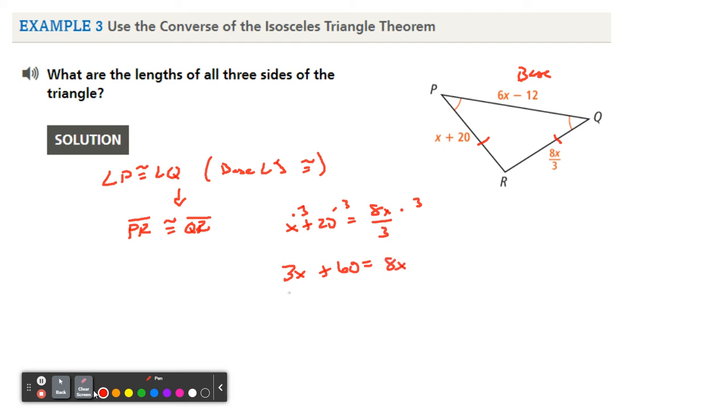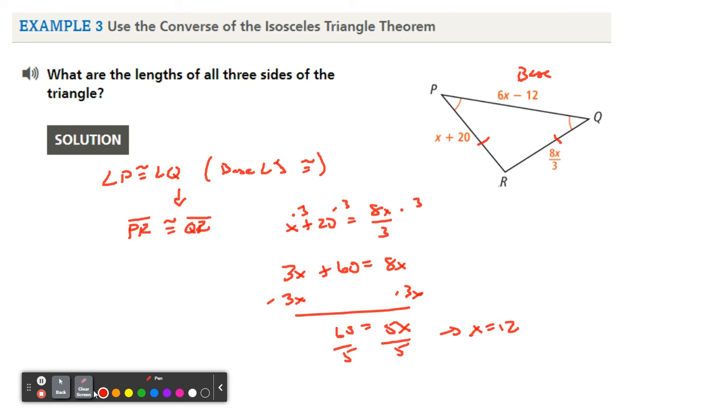And now we can just solve this. Combine your x's. Let's move the 3x to the right by subtracting 3x on both sides. So 60 comes down, 8x minus 3x is 5x, and then we divide by 5. And you get an x value of 12.